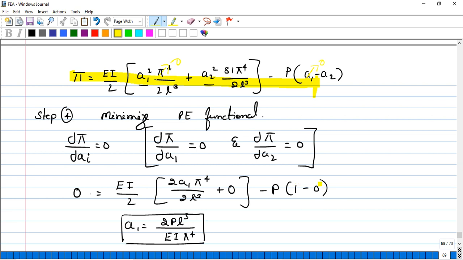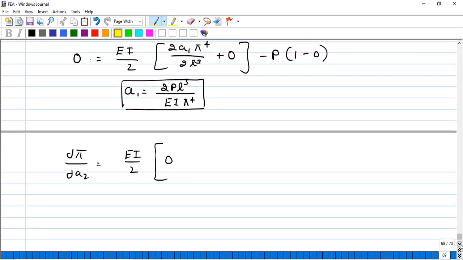So let me write 0 followed by plus 2 a2 by 81 pi raised to 4 by 2L cube.